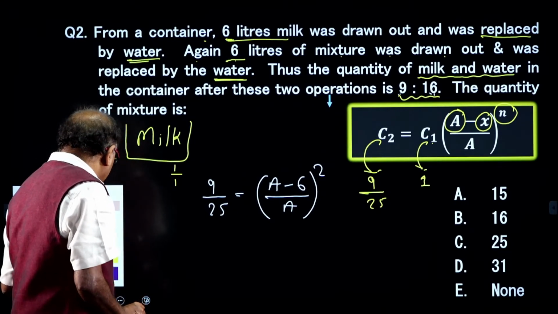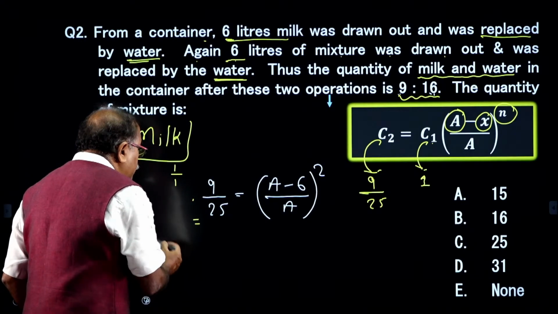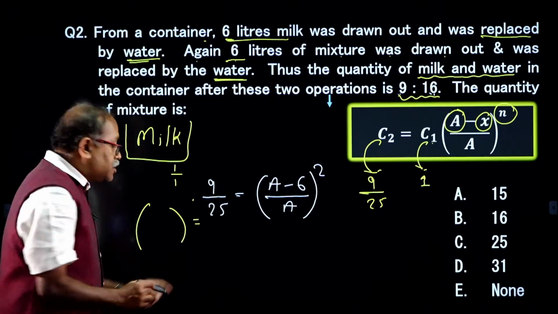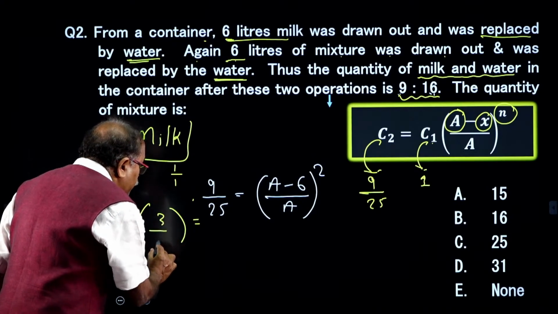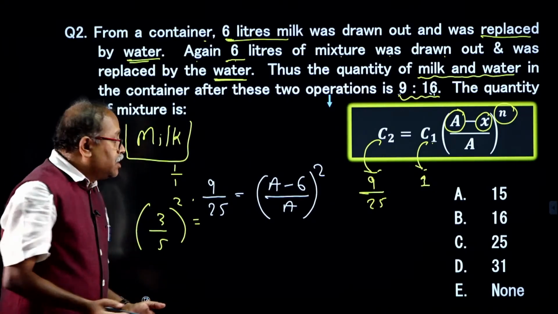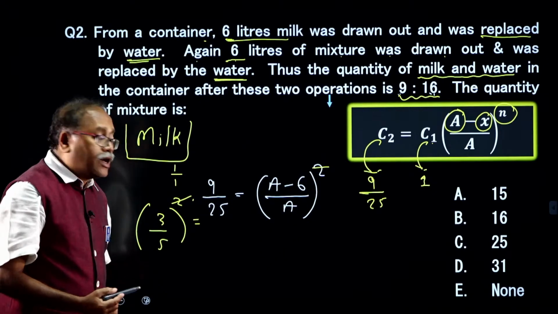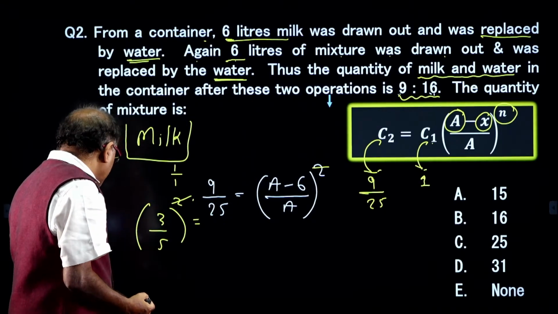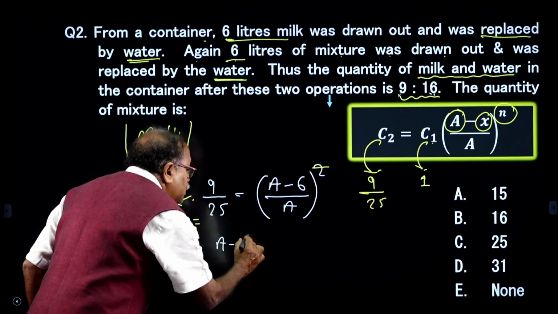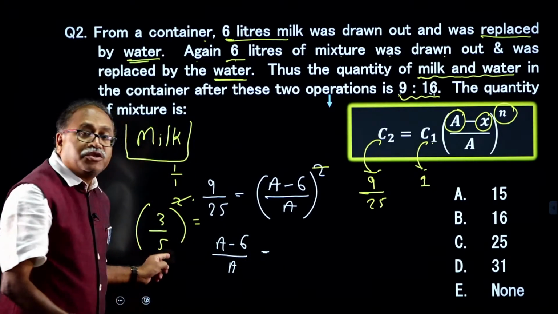So, can I write this number over here as the square root of 3 by 5, square root? Yes, I can write it. So, this square root and this square root get cancelled. Finally, I get A minus 6 by A is equal to 3 by 5.